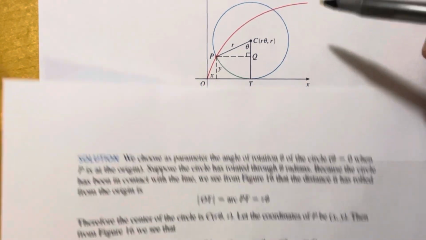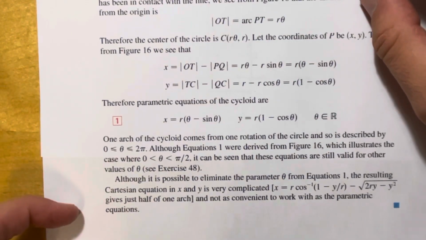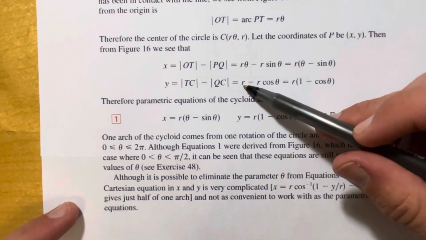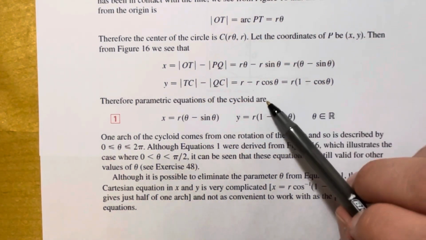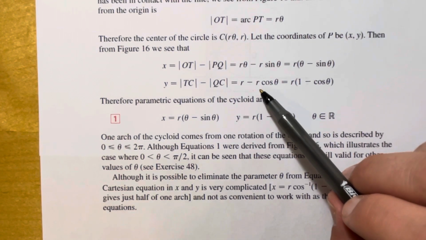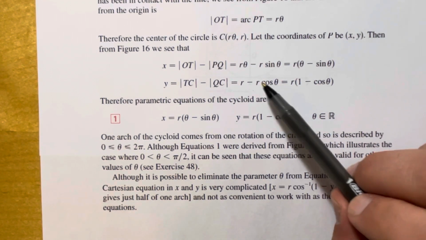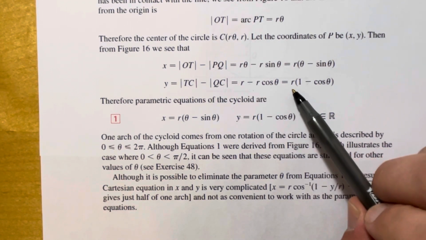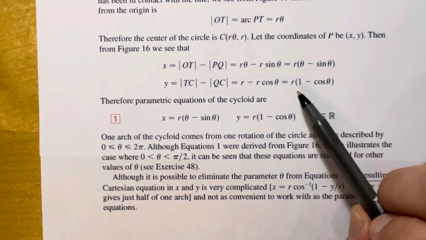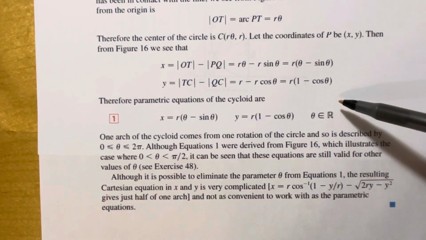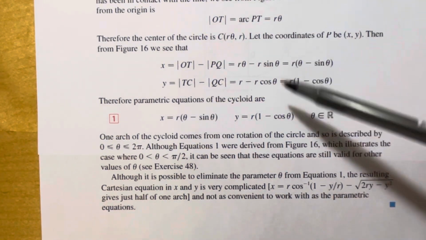So with that in mind, TC is r. Remember, that's the y-coordinate of your center. And then from the right triangle, it'd be easy to show that that other leg of the right triangle is r cosine theta. So r minus r cosine theta, which gives me r times 1 minus cosine theta after I factor that r out. This gives me parametric equations for my cycloid.